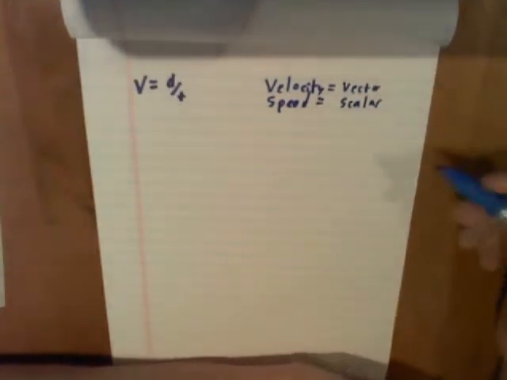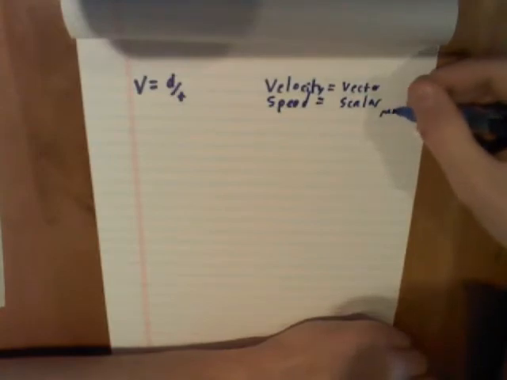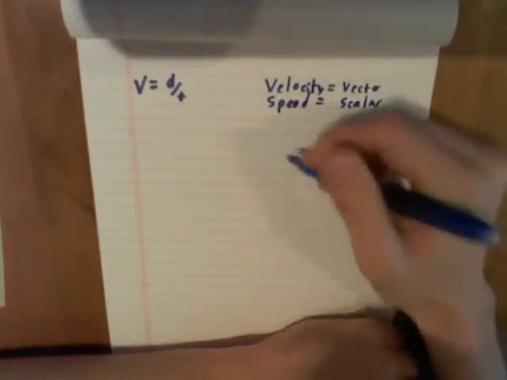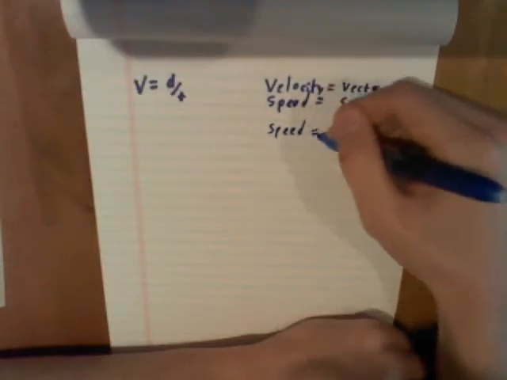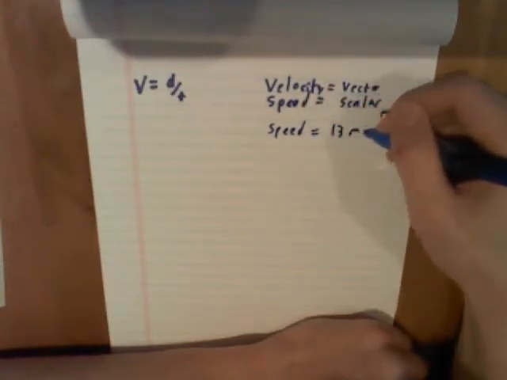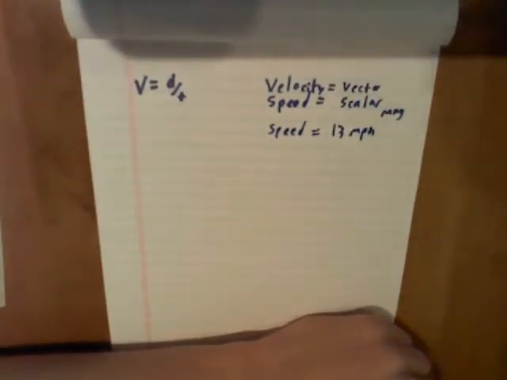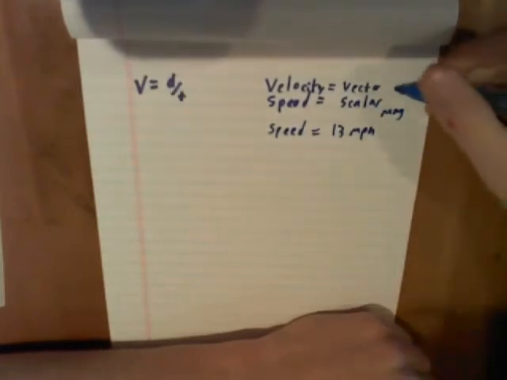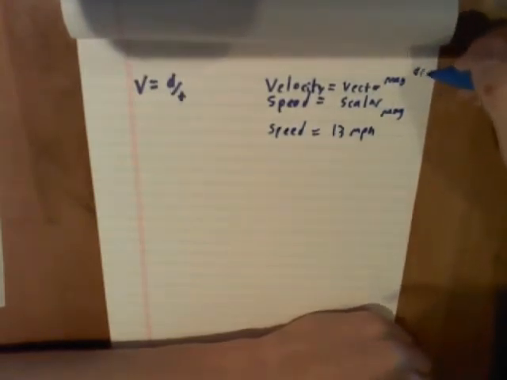The difference between a vector and a scalar is that a scalar is just a magnitude. So the speed of something will just be 13 miles per hour, or 15 miles per hour, or 1,000 miles per hour, or whatever you want. But a vector, on the other hand, is a magnitude and a direction.